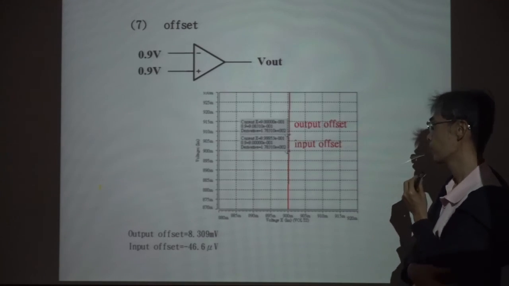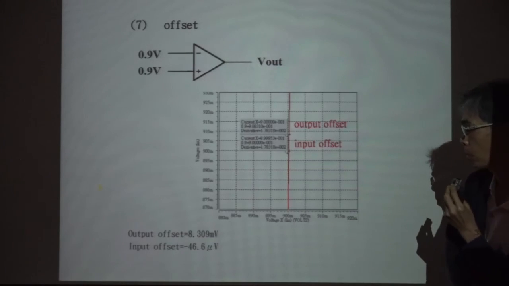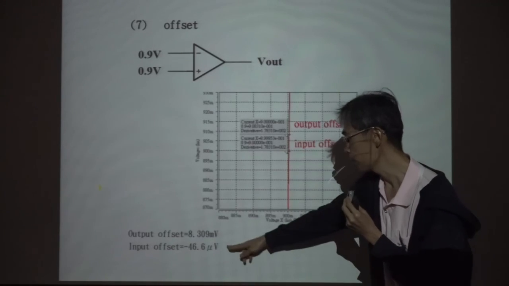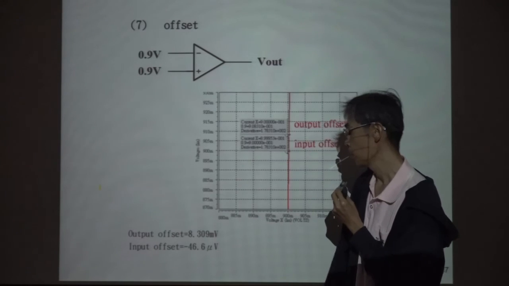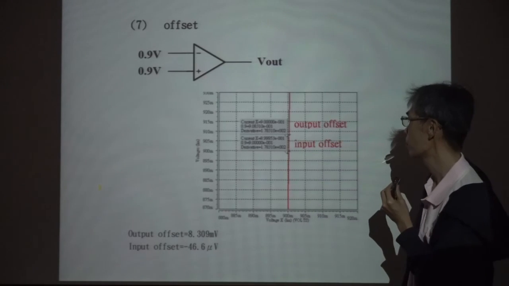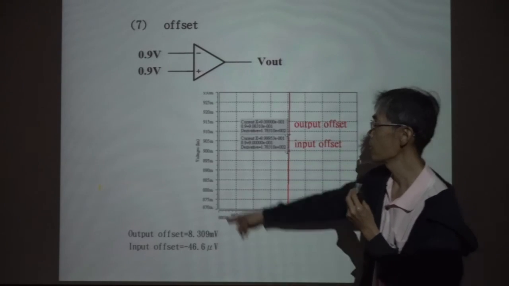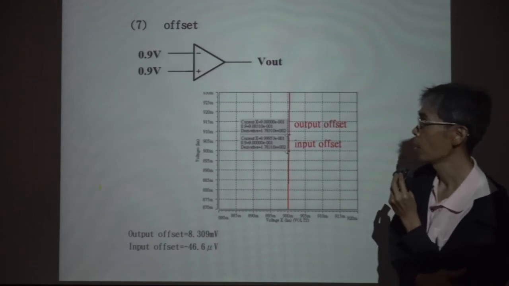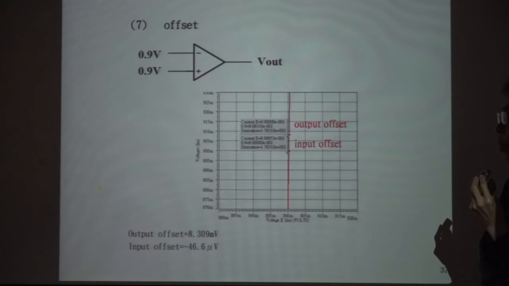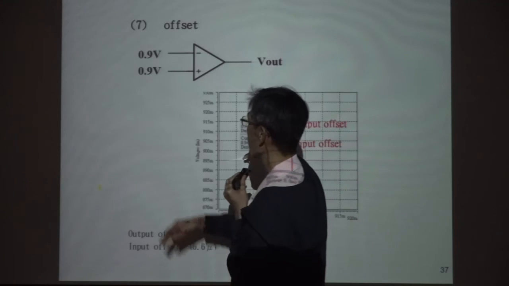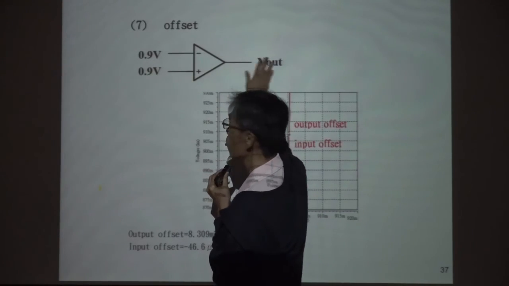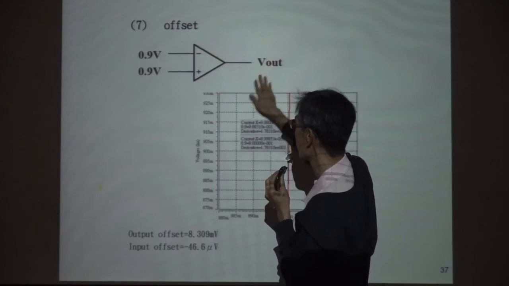Offset. So output offset and input offset. Suppose if they are the same, you shouldn't have any Vout.